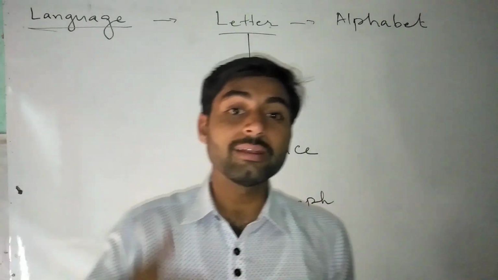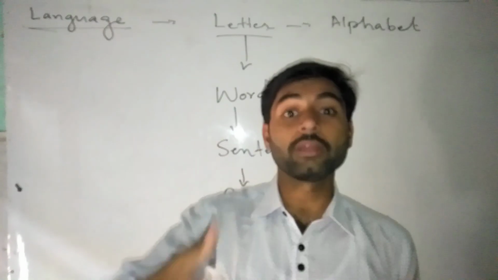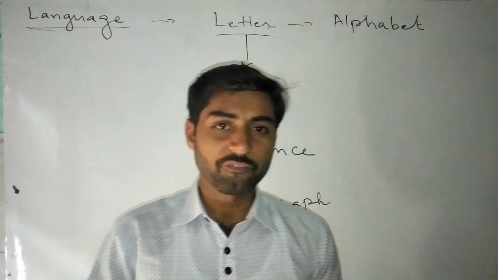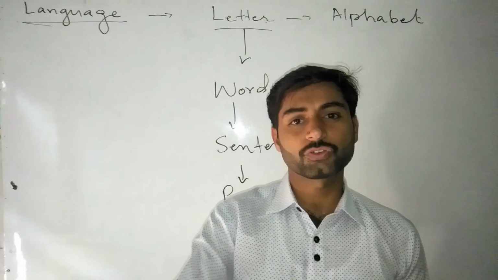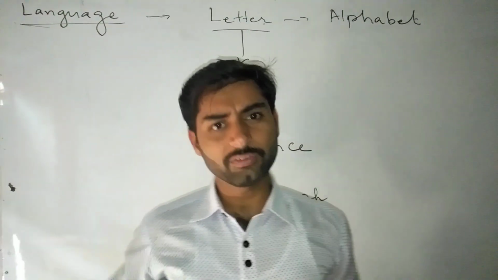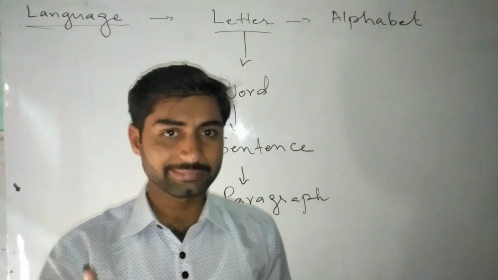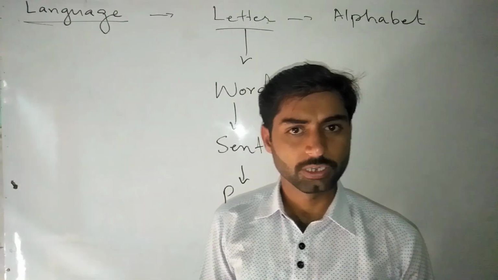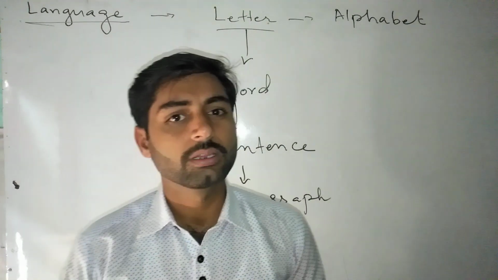You will learn the language of those people if you want to talk to them. Therefore we call language a source of communication. There are different languages in the world like English, Sindhi, Urdu, Punjabi. So language simply is a mode of communication.